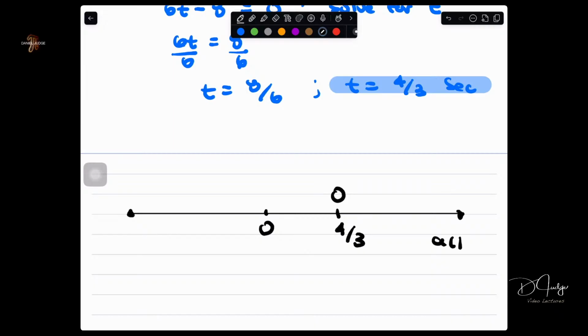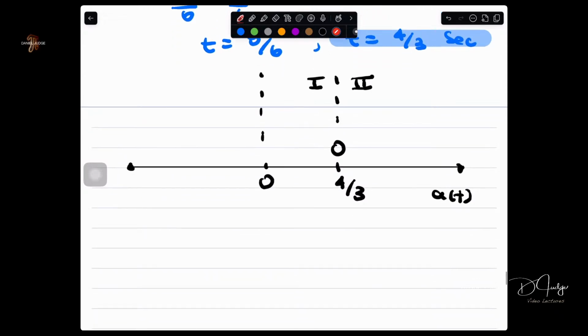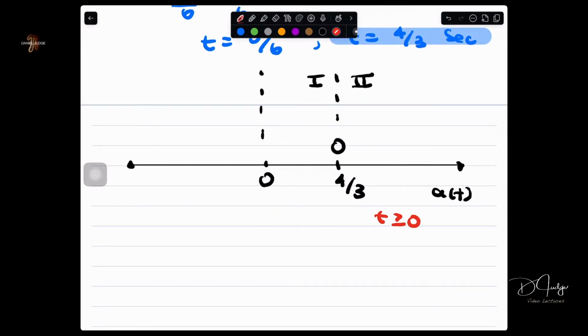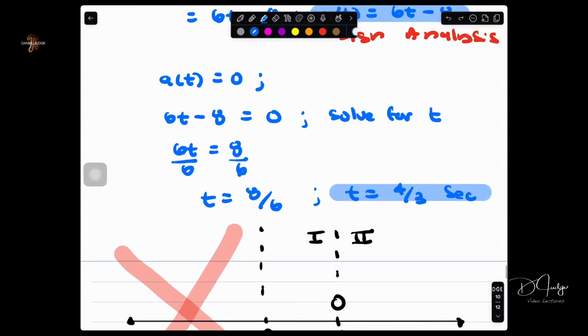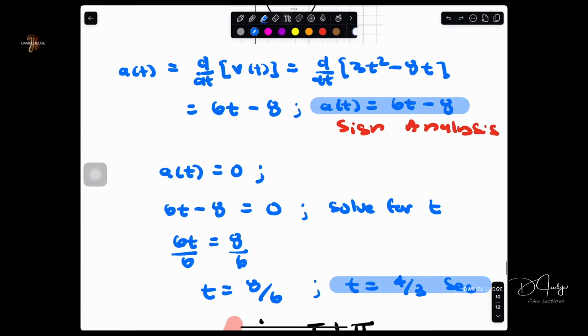Now this is sign analysis on the acceleration function. So really we have two regions to consider, because remember, your time again is greater than or equal to 0, which means we throw out this portion of sign analysis. We didn't even consider it, but that's what we're going to do with this. Acceleration, we already know, if we copy that, this is the acceleration function over here.